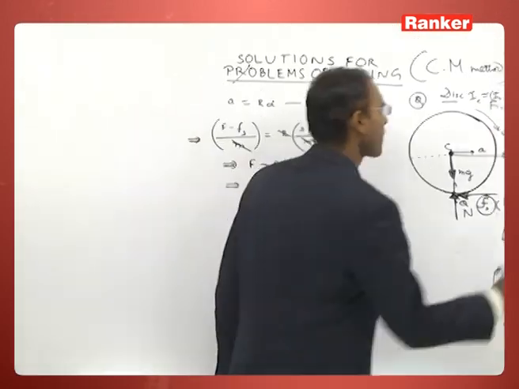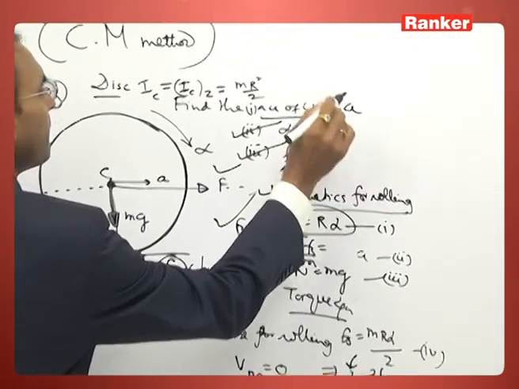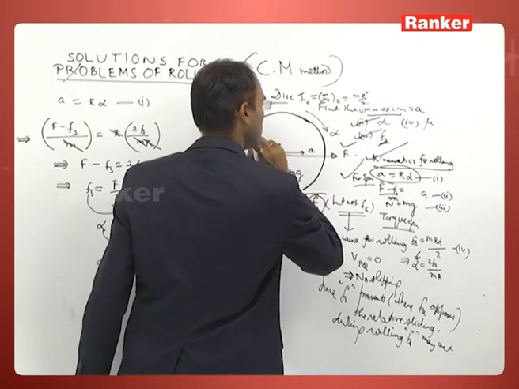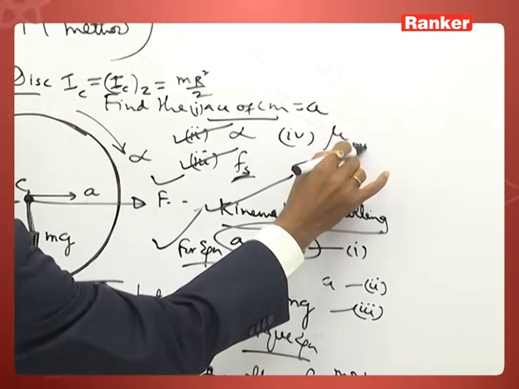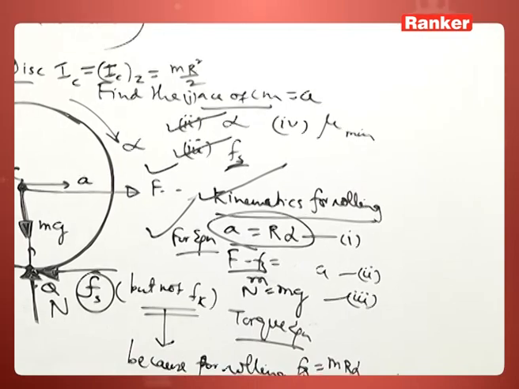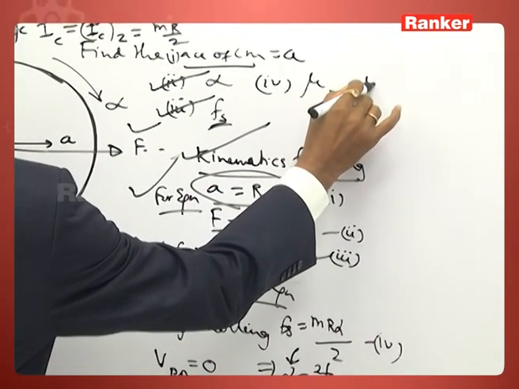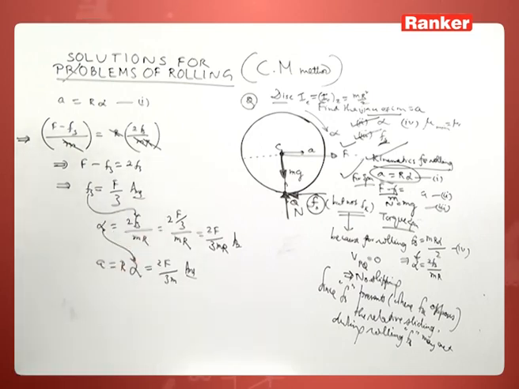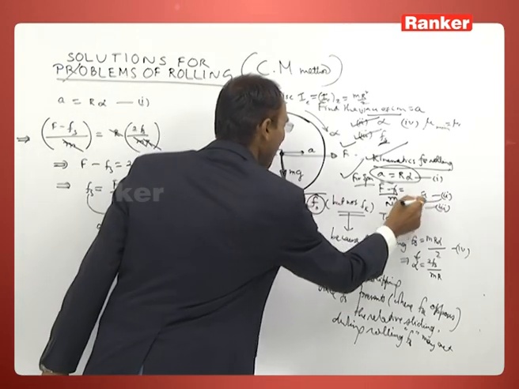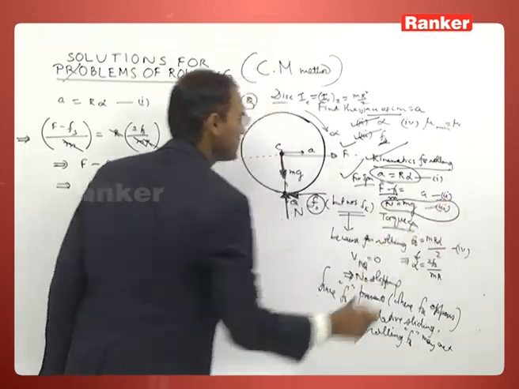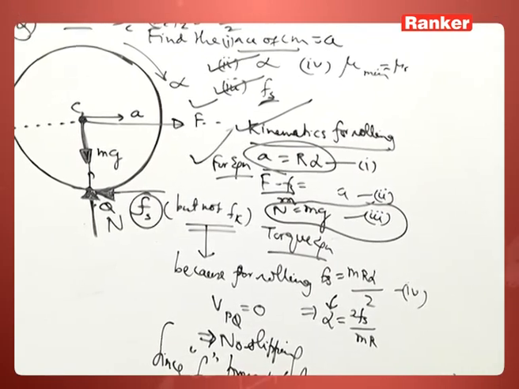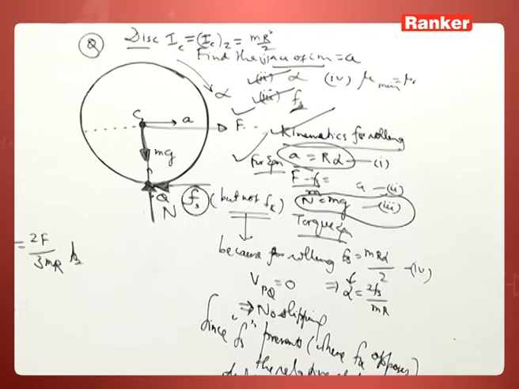Sometimes they may ask you, find the minimum coefficient of static friction required for pure rolling. So, for this we have to utilize the equation of friction, the law of friction.